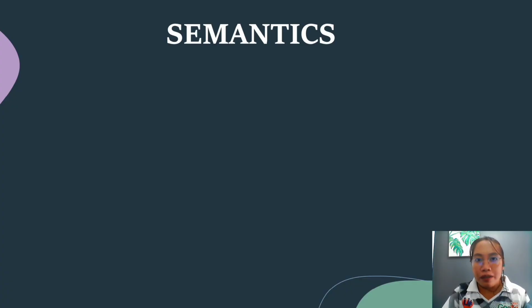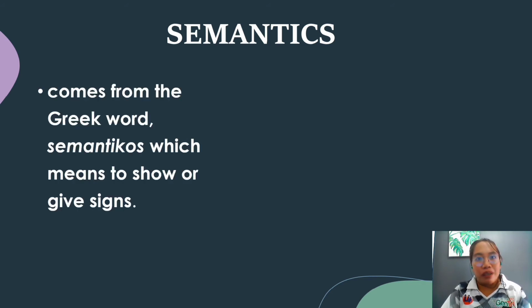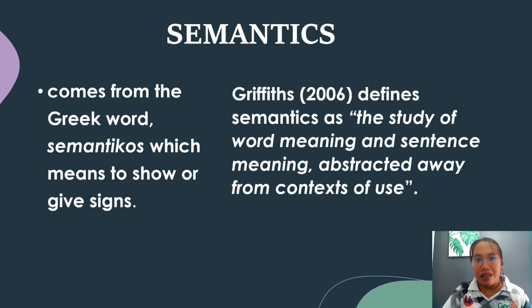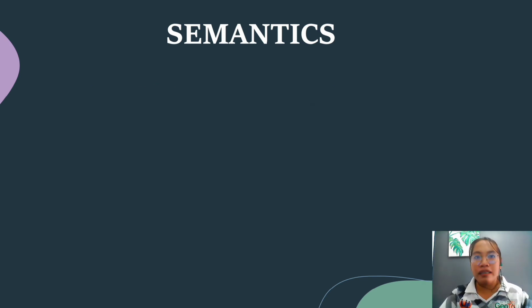Let us further discuss what semantics is. Semantics comes from the Greek word semantikos, which means to show or give signs. Griffith 2006 defines semantics as the study of word meaning and sentence meaning abstracted away from context of use.